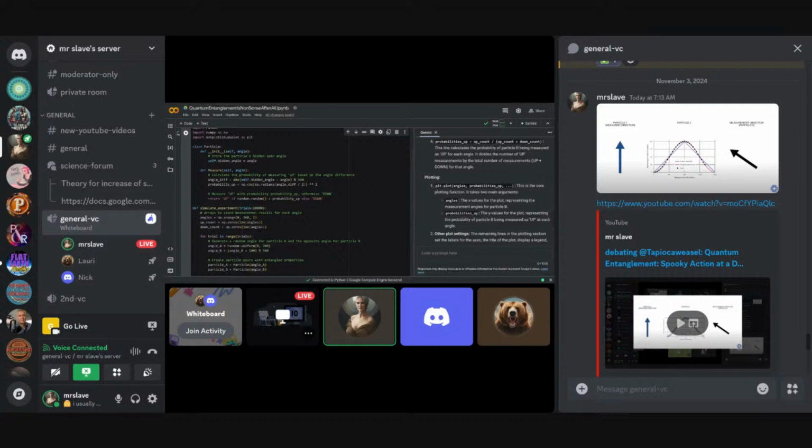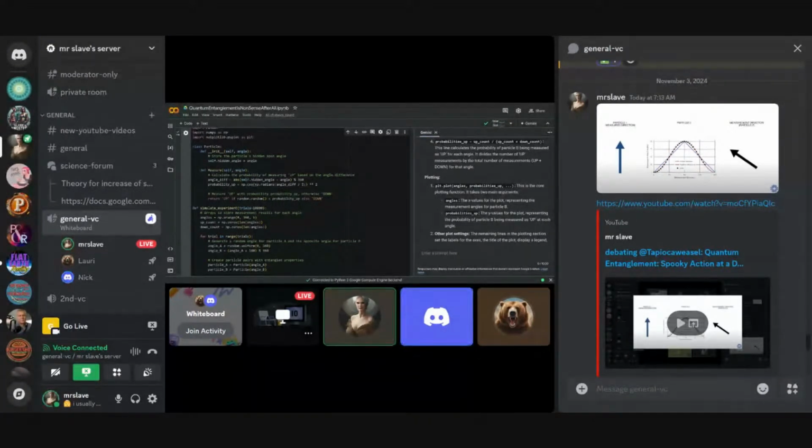I'm going to build a device that's going to be called particle A, and a device that's going to be called particle B. These two devices are identical. And I'm going to put one device on one side of the universe and the other device on the other side of the universe.